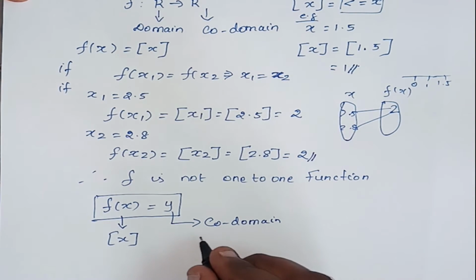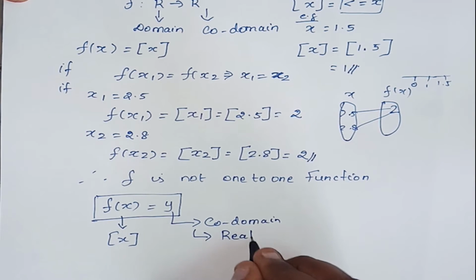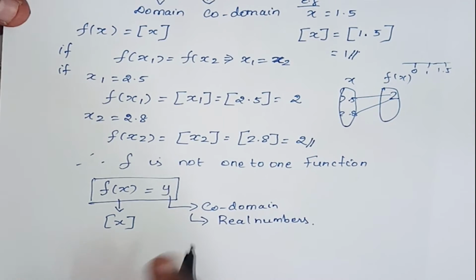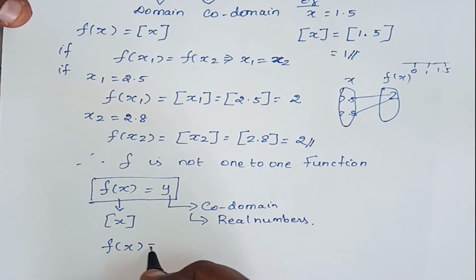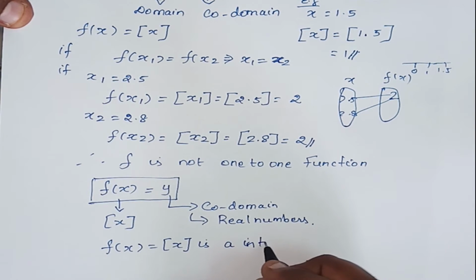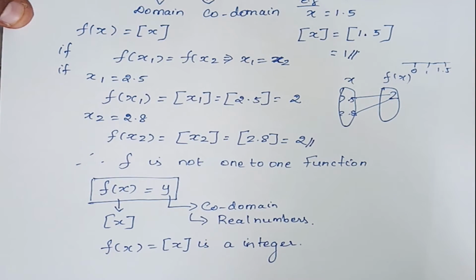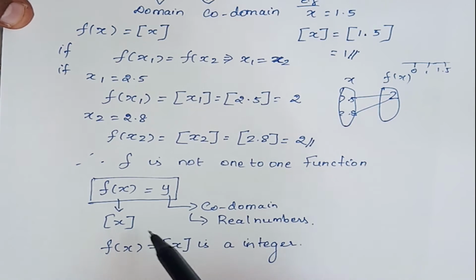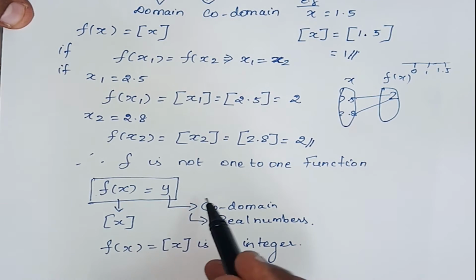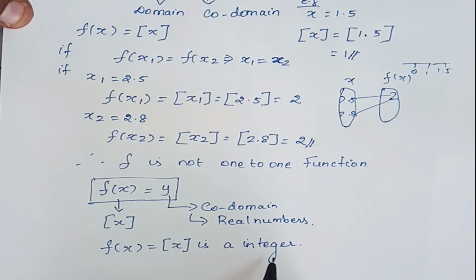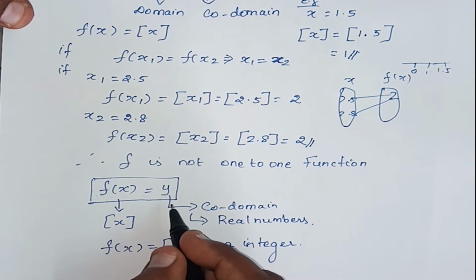The given codomain is the real numbers, so these y are real numbers, but here f of x, the square bracket of x, is an integer, right? So we can't prove f of x equals y, because y is in the codomain of real numbers and f of x is an integer, so it is not equal to this y.